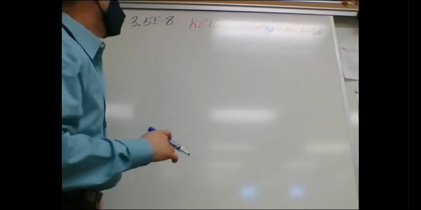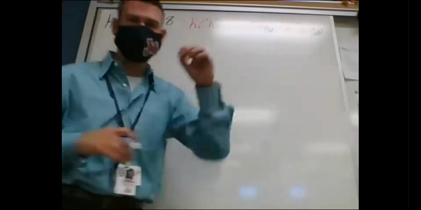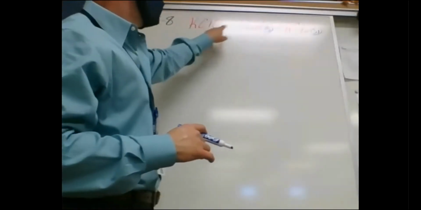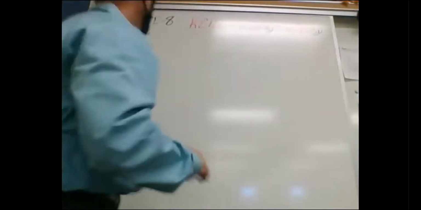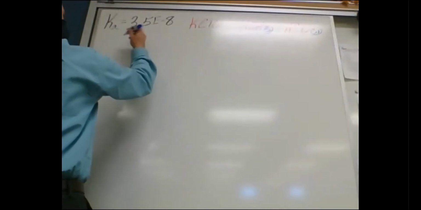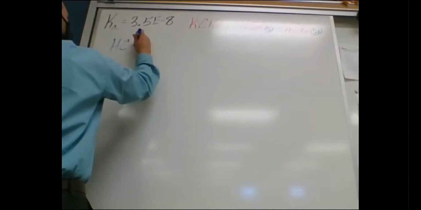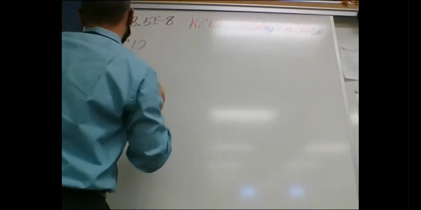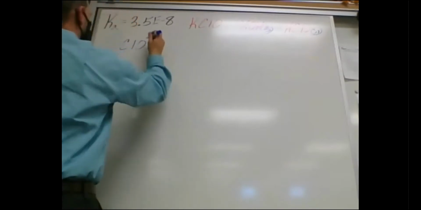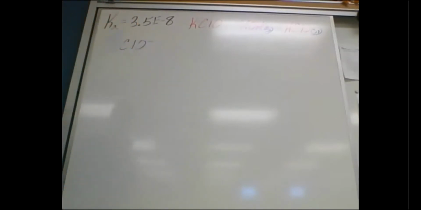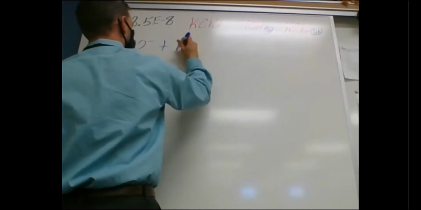The strong ion, potassium, will be a spectator. The weak ion, hypochlorite, will be hydrolyzed. So let's show that by taking the ion and adding it to water.